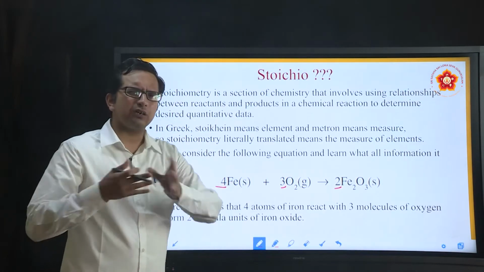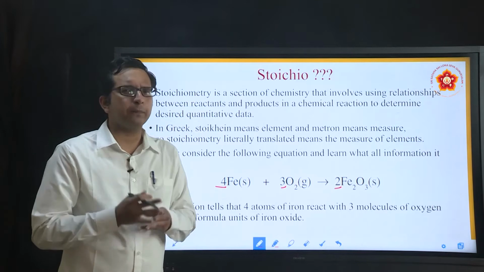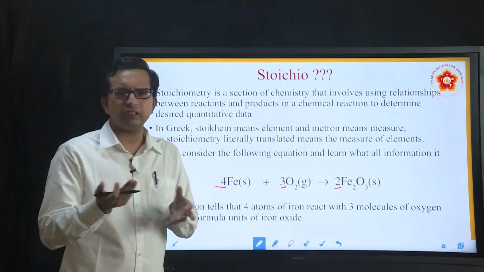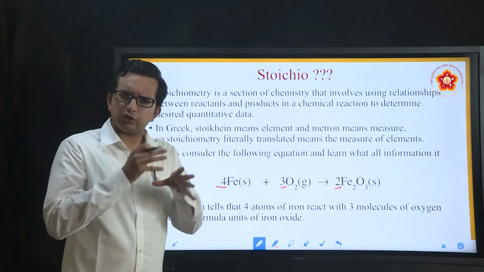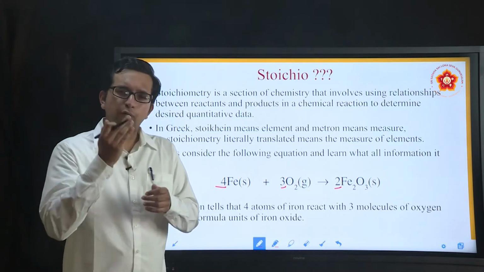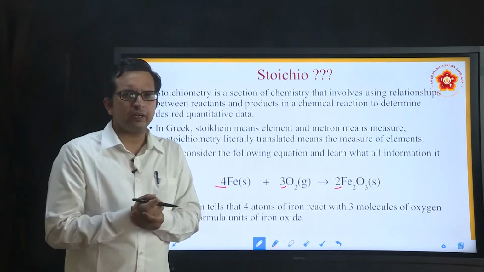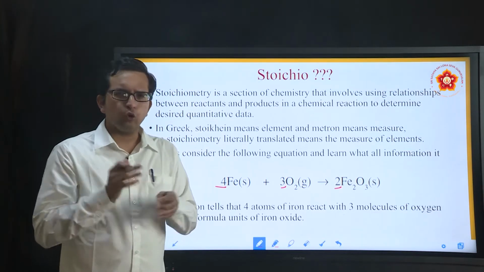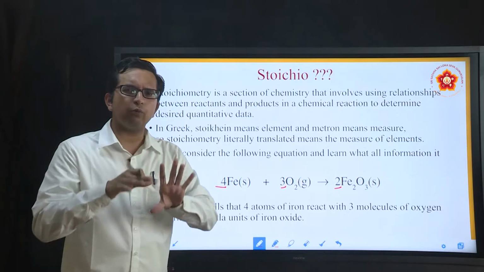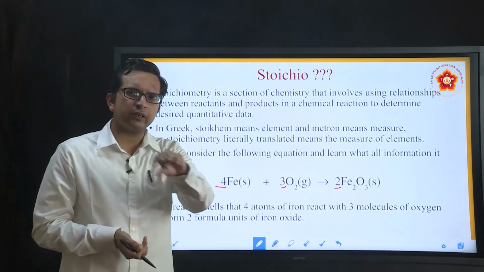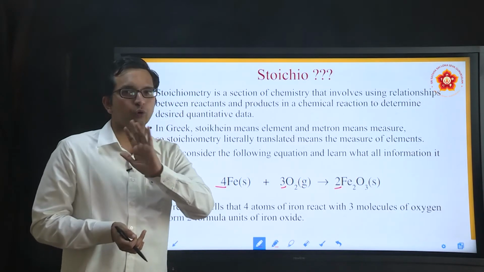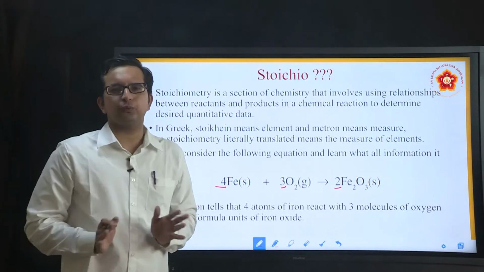This is somewhat similar to the preparation of a particular dish in a kitchen. Suppose you need salt, pepper, and a little bit of spicy items, cardamom and all. You do not add everything in the same quantity. You do not add 10 gram, 10 gram, 10 gram, everything 10 gram. No, your dish will be thoroughly spoiled.